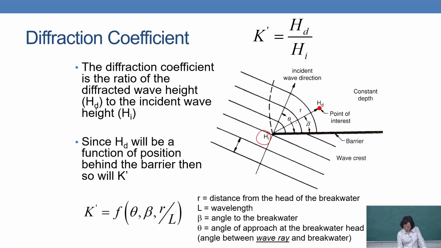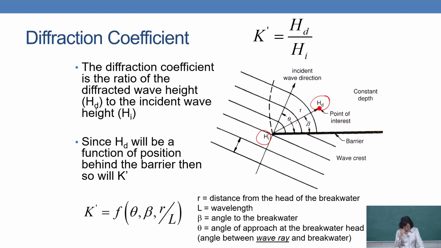This is HI, and then you have HD in this location. So what's the ratio between them? That will be the diffraction coefficient. And of course, it will depend on different dimensions and also different wave properties as well.